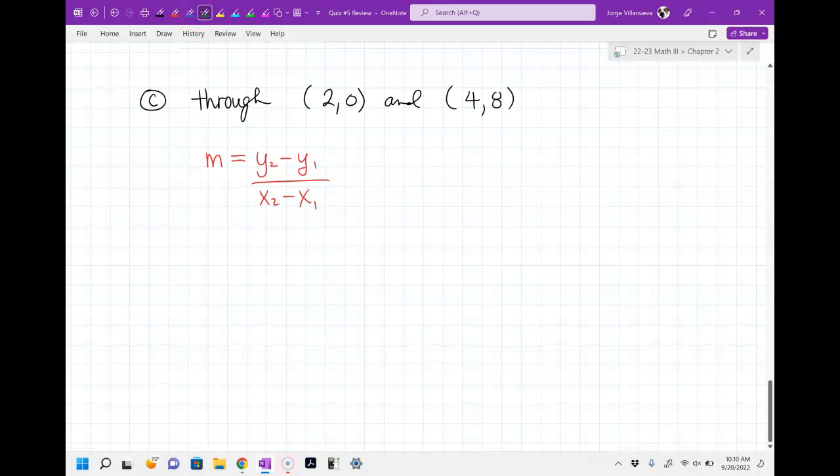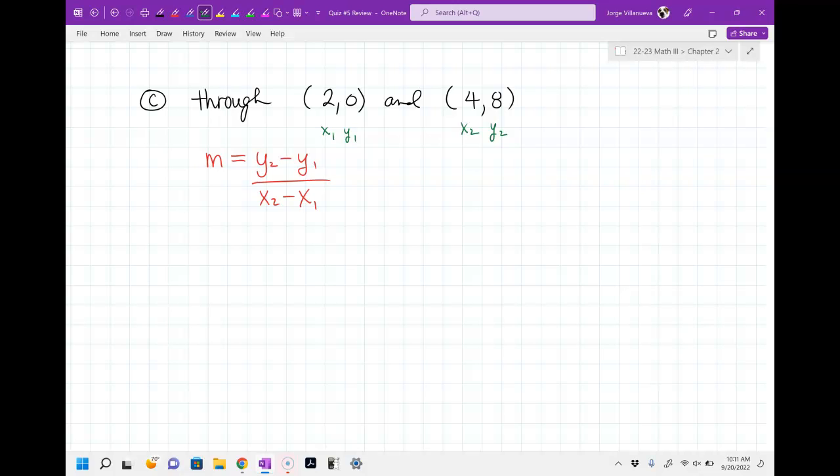Now, I'll label my points here. This is x1, y1, x2, y2. Guys, remember, it's xy per point. I told you guys I saw some people making a mistake where they labeled the first point x1, x2, and the second point y1, y2. That's not the way it is, right?